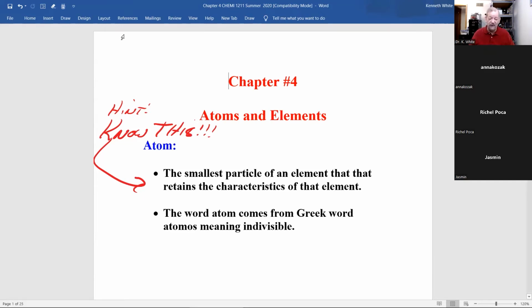In case you were curious, the word atom comes from the Greek word atomos, meaning indivisible. You can't break an atom down to other smaller elements. So, what is an atom? The smallest particle of an element that retains the characteristics of that element.